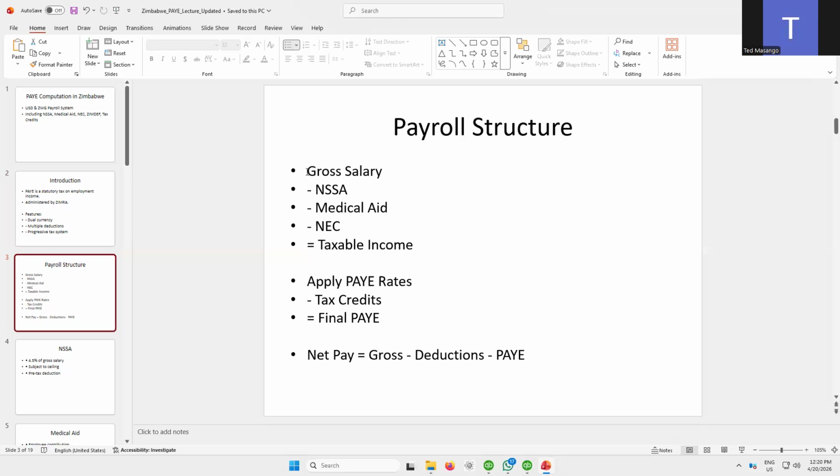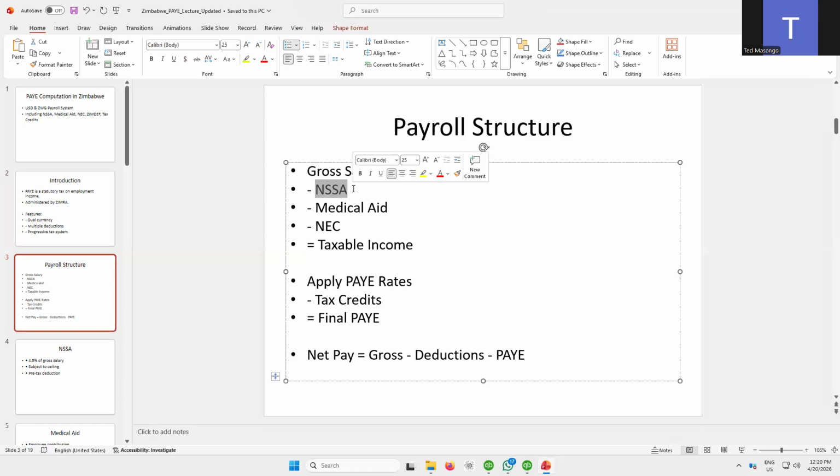Now, from the gross salary, you then deduct NSSA, which is the National Social Security Authority. You deduct your NSSA there, you deduct your medical aid, you deduct your NEC, for you to get what we call taxable income. From there on, you apply the Pay As You Earn rates, which is the percentage.